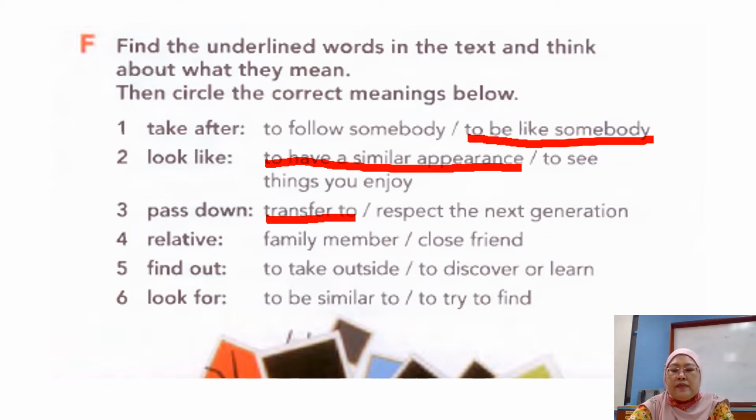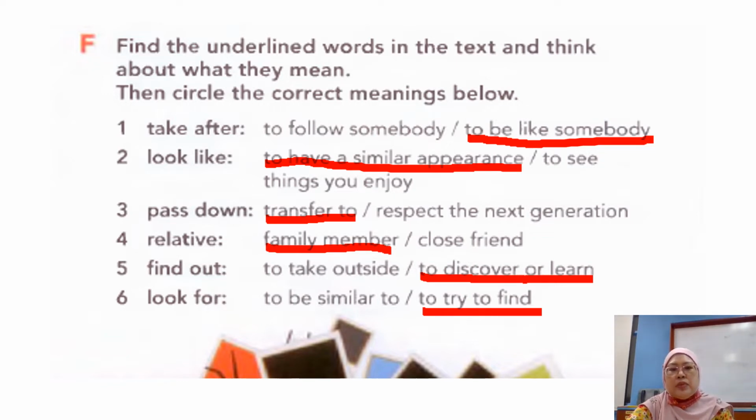Okay, relative: your uncles, your aunties, your nephews, your nieces, your cousins, your grandparents. So they are your family members. Okay, find out. The answer is to discover or learn. Look for has the same meaning as to find out. To try to find.